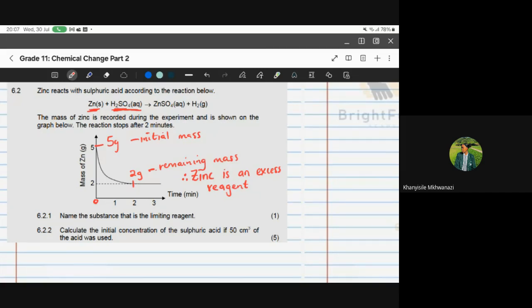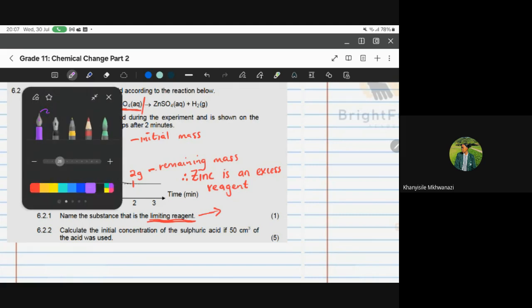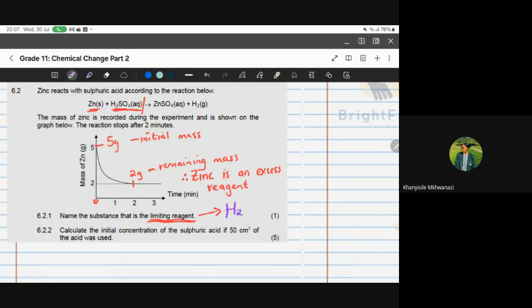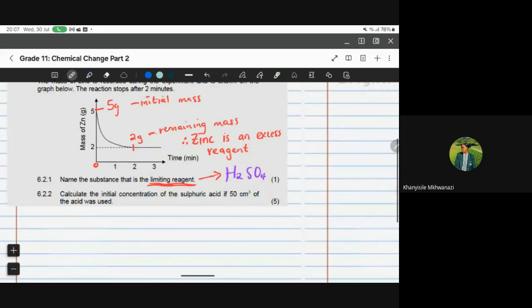And zinc, for the fact that it remains, it is definitely an excess reagent. And if zinc is the excess reagent, it means the remaining reactant, which is H2SO4 in our case, is therefore our limiting reagent. So we can answer this and say H2SO4 or sulfuric acid. It's up to you whether you write it in words or you write it like this. They accept either answer.